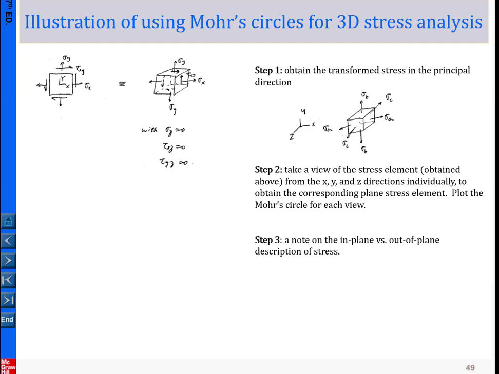So here we look at how we can generalize from our 2-dimensional plane stress into the 3D view. For example, if you simply extend the stress element in the 3rd dimension, then basically you come to here.